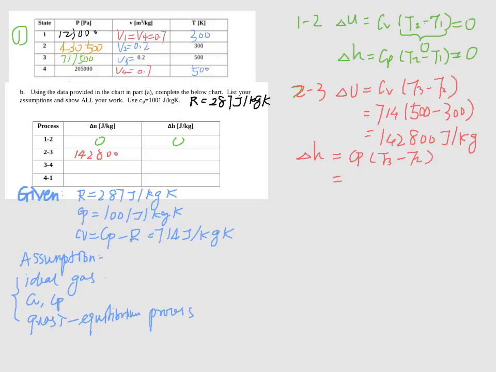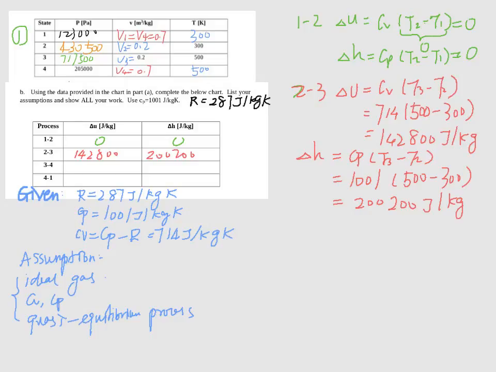So Cp is 1001, T3 500 minus T2 300. Then we have 200,200 joule per kilogram. So we can put this number here from state 2 to 3. All right, we're halfway there.